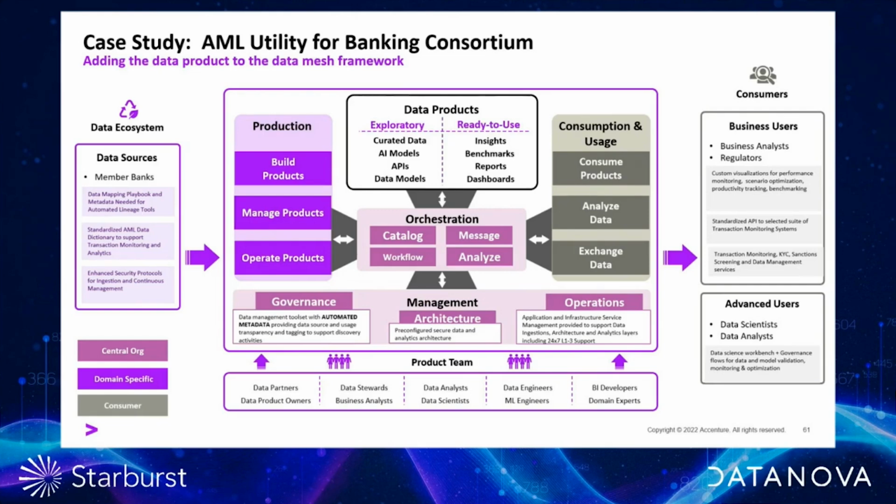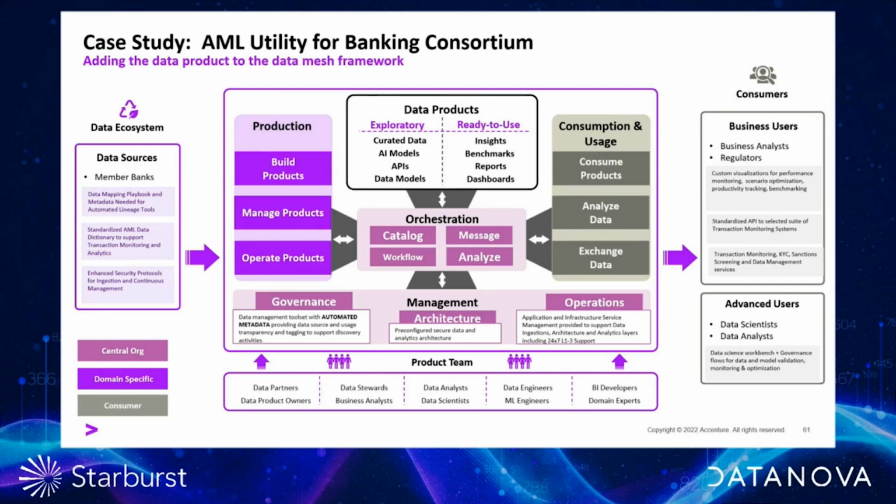Adding this right at the governance layer means that all the banks can trust the results that we're seeing, and for the utility that's being run, we can trust the data coming from the banks. The architecture has pre-configured, secure data architectures in which to build the products and to consume.